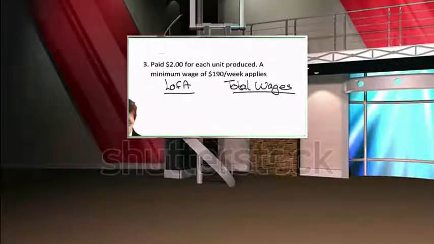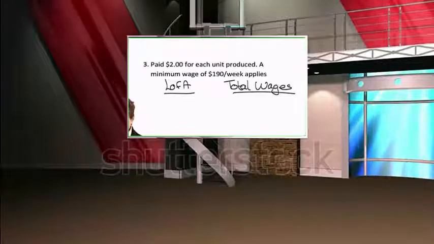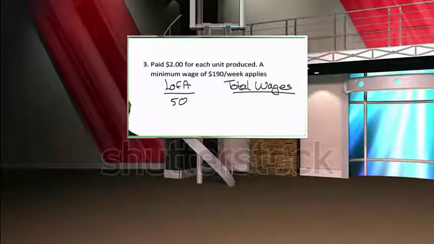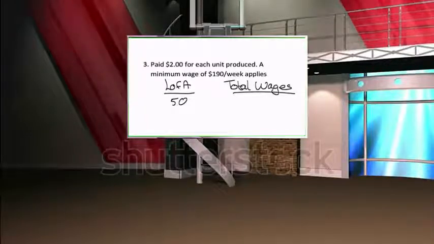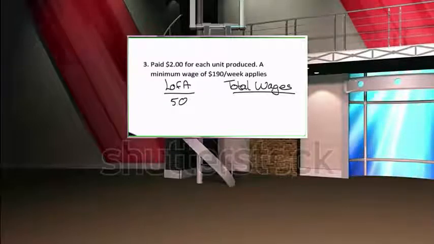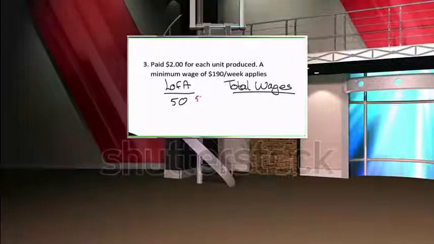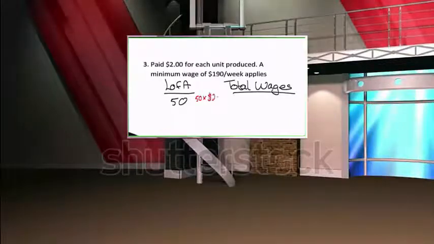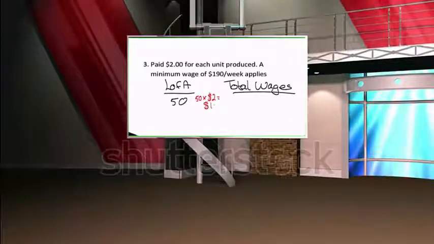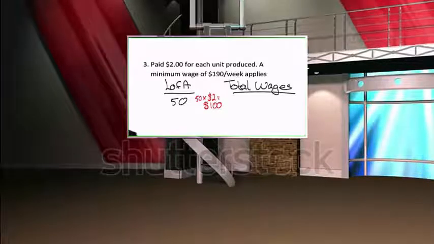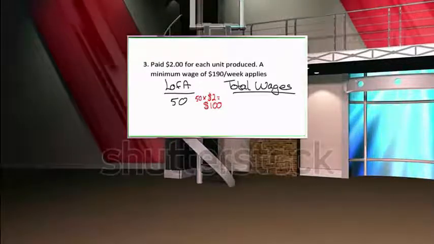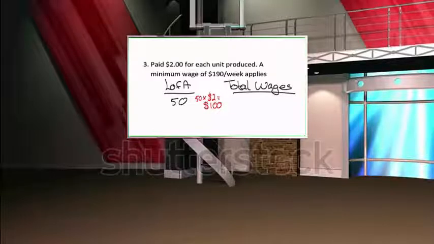So let's say then this individual produces 50 units. If we calculate what their total wages will be based on the piece rate scheme, it will be 50 by $2, so they have earned $100. But are they going to be paid $100?